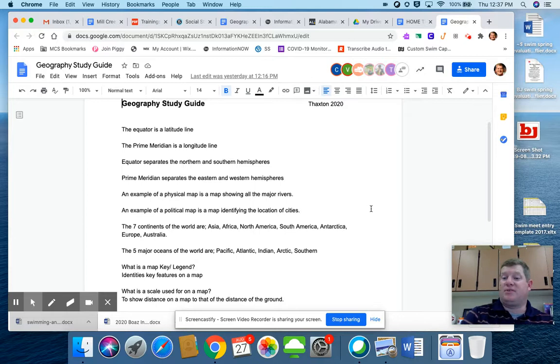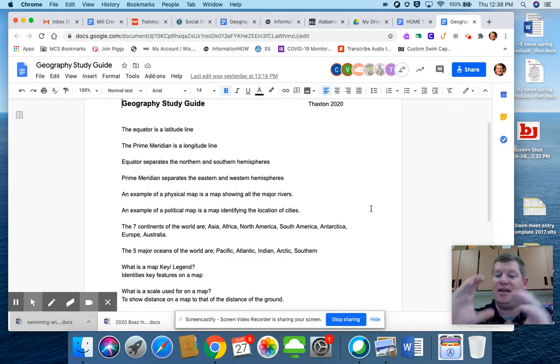We talked about some helpful tools on a map, such as the key and legend, which identifies those important features. So if you go back to the physical map we were talking about with the national forest, they might have different symbols representing different things there.